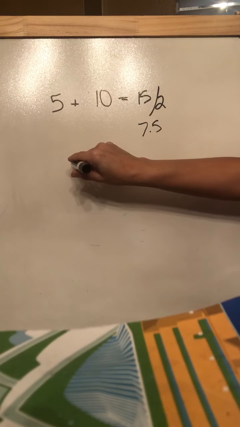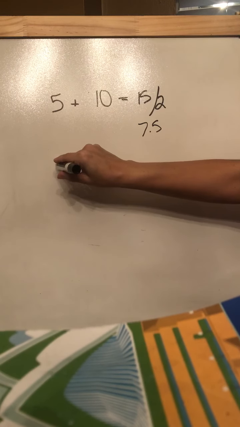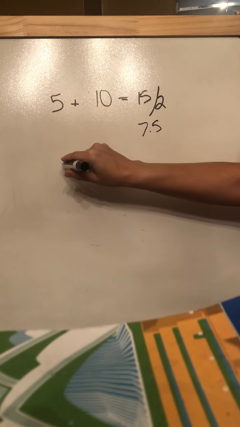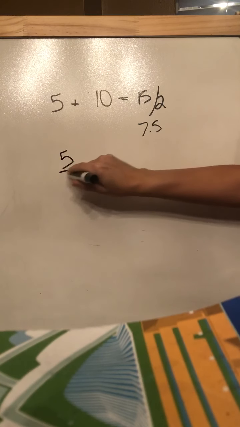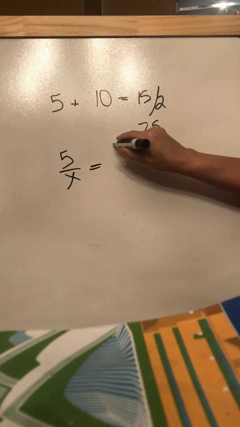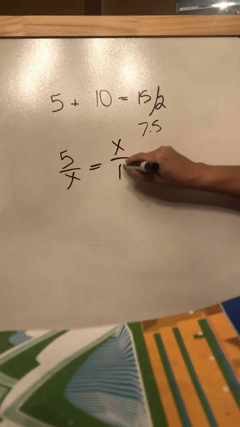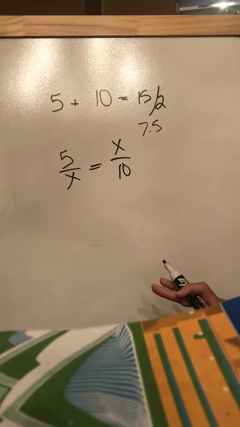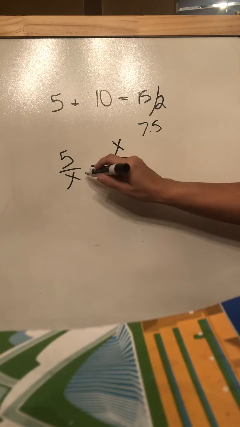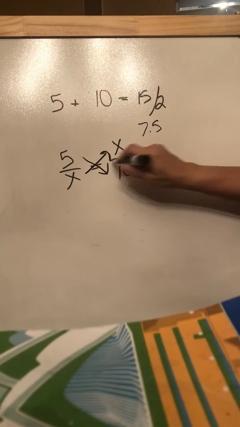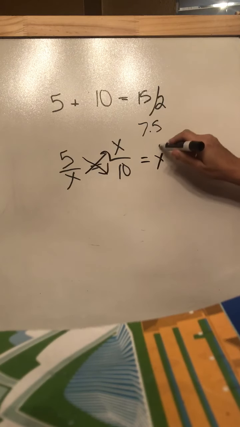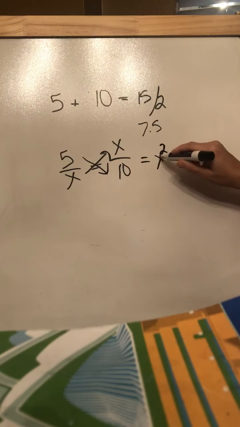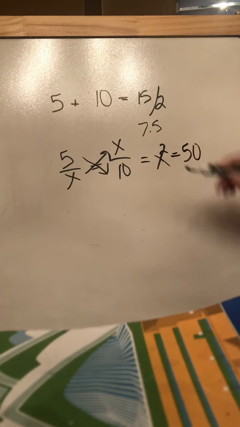Okay, so it's a little bit different to find the geometric mean. For the geometric mean, you're going to say 5 over x equals x over 10. And you don't have to remember this if you can just remember that to solve this, you cross multiply, which would mean x squared equals 50.